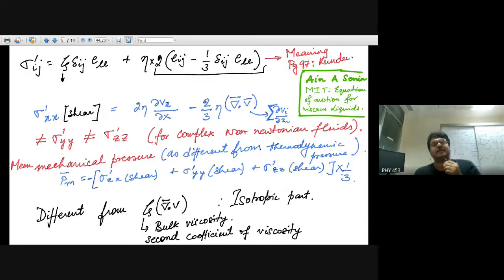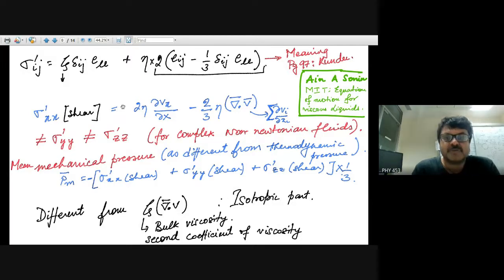And if you are writing in terms of stress, then of course you have the 2 eta also. But the diagonal terms can also contribute to the stress. This is different from the bulk viscosity term, which was more isotropic, right? So we have included all the parts of the various kinds of deformations that can happen.